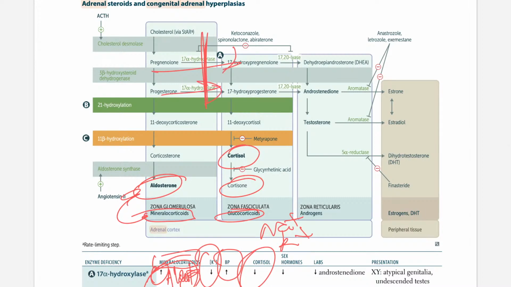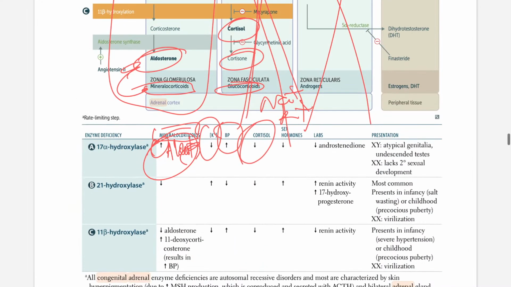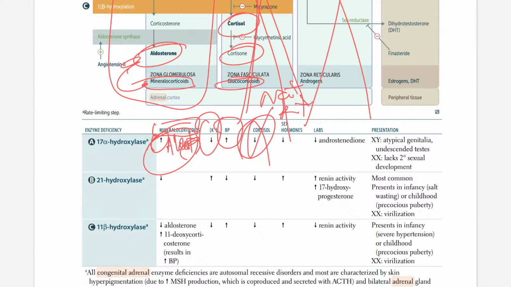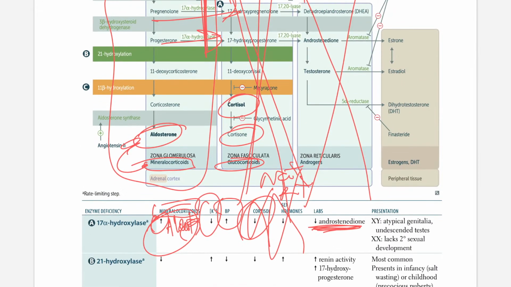When we're not going this side, we will not form all of this. All we are going to form is this side, so you have low cortisol, low sex hormones, a decrease in androstenedione, because nothing is made over there. So let's go back to our book.